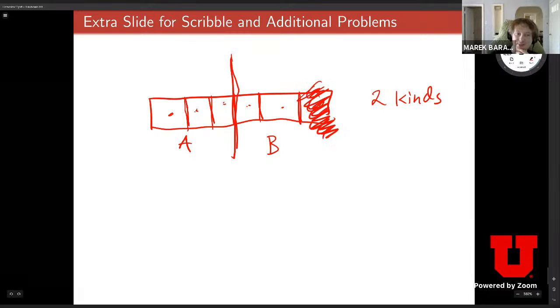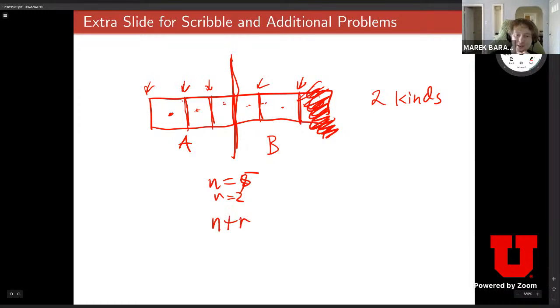If we look at the places we can put the line, they're right here. So we have n equals 4, r equals 2, 5, and we have 1, 2, 3, 4, 5, 6. So we have n plus r minus 1 equals 6.